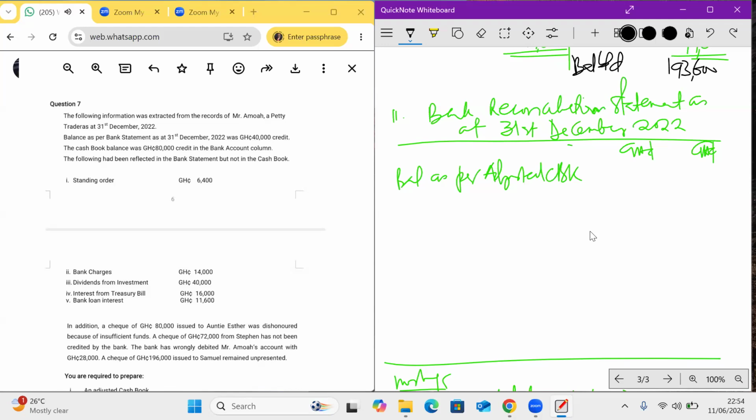Okay, then we come to the statement. Since it was at the credit side, we use uncredited. What should I write? Balance as per adjusted cash book. 193,600.